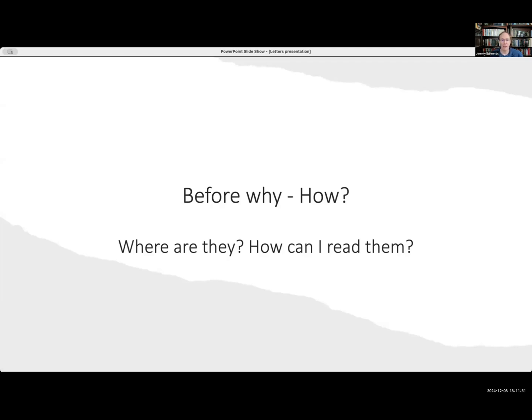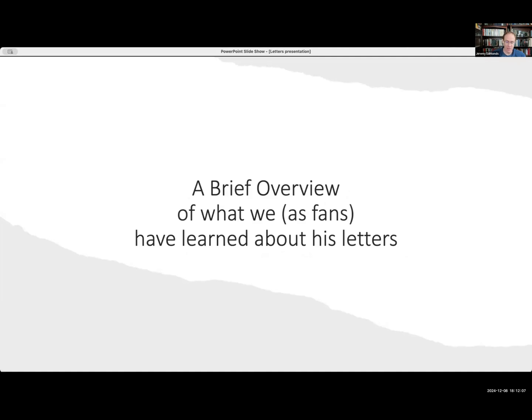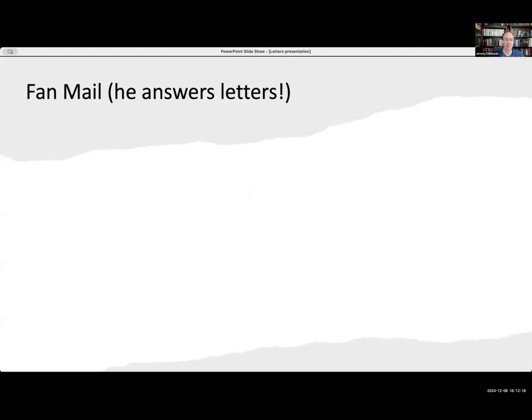They are distributed across an incredible range of sources, and being able to discover those letters, what you're interested in, and where to find them has been a challenge. So today, what do we know about those letters, and how can we learn more, and what is interesting in those?